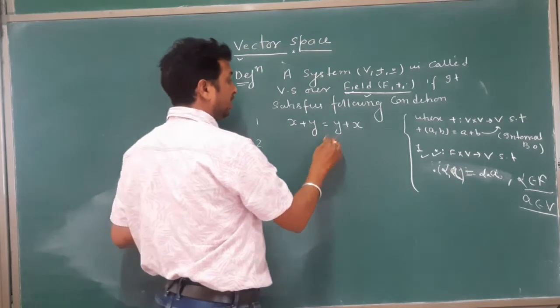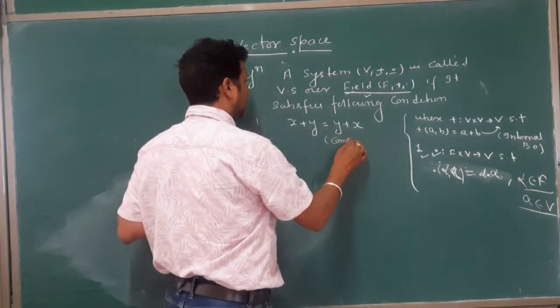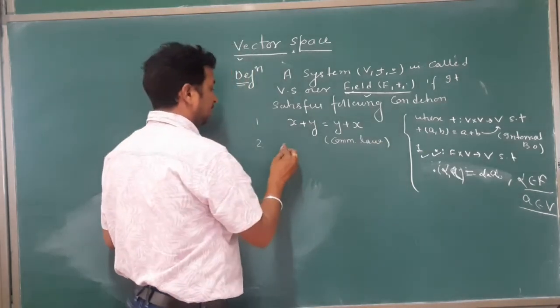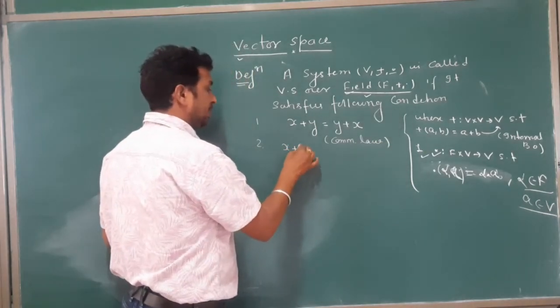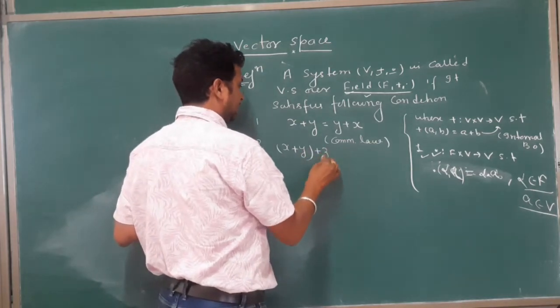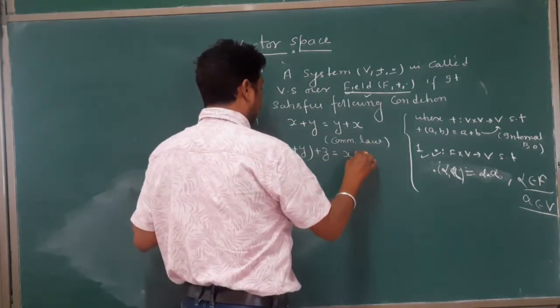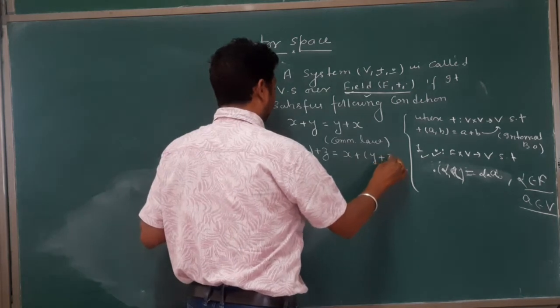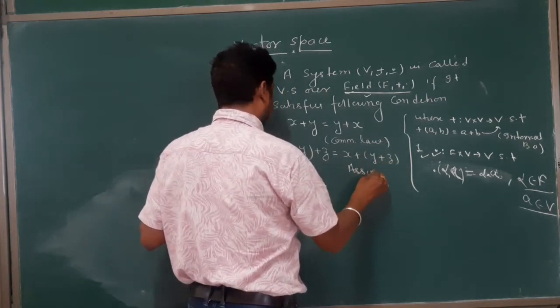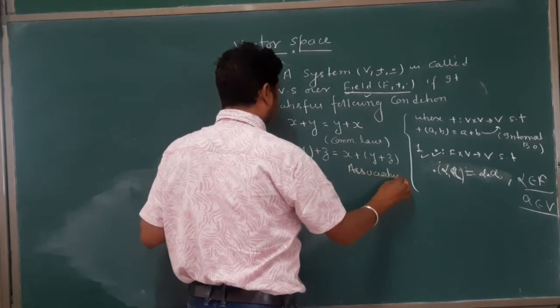This is called the commutative law. Second, the associative law. It means either you add the first two vectors and then z, or x plus y plus z, it is always satisfied.